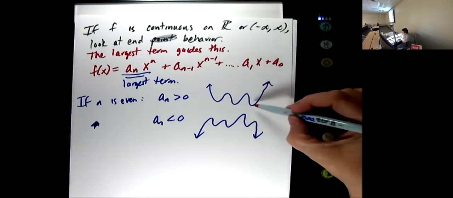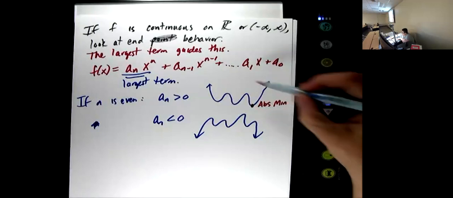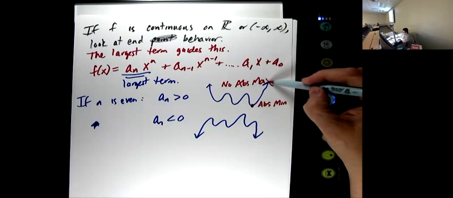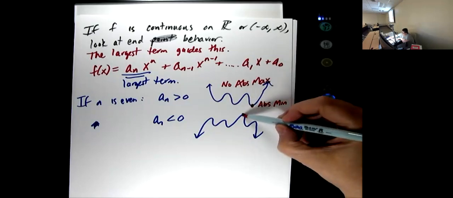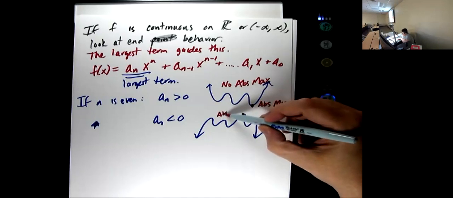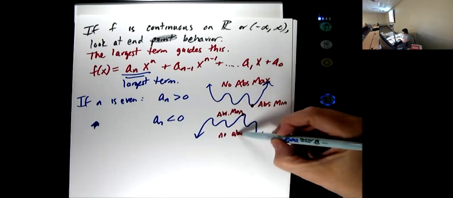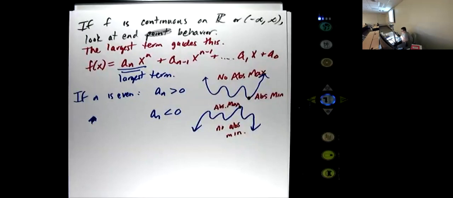So this will have an absolute min, but no absolute max. This will have an absolute max, but no absolute min. So when n is even, you're going to have one of them.